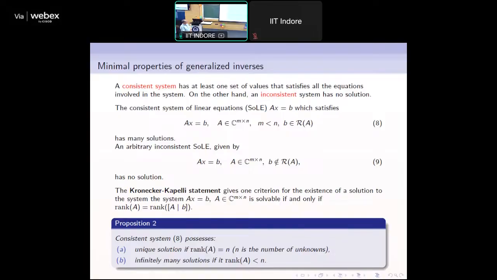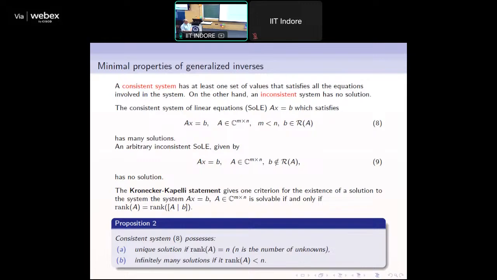And there is a unique solution if the rank of A is equal to n, the number of columns, or number of unknowns. And we have infinitely many solutions if the rank of A is less than n. N is the number of columns or number of variables.